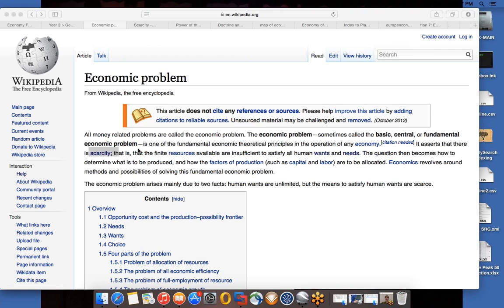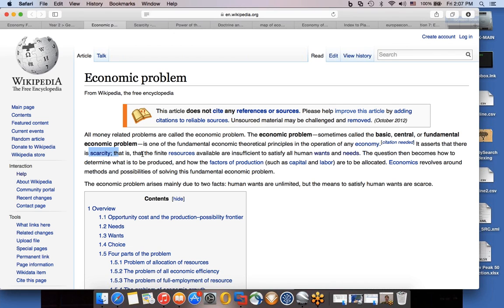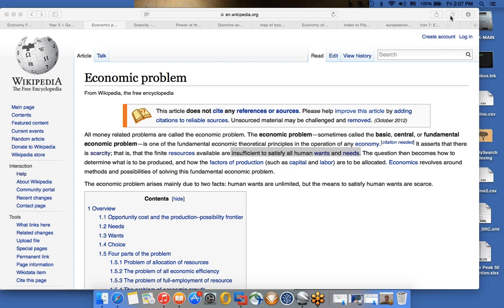In economy, the principle says that there is a finite amount of these resources and it's insufficient to satisfy all of the demand for it. Madeline says, I think of it as another word for rare. That's right. Rare would be another thing, something that is not as common.